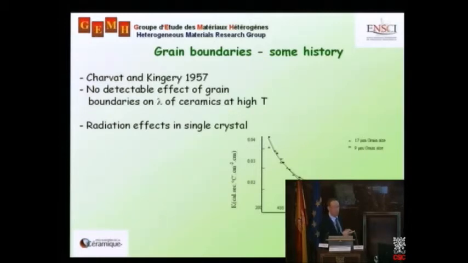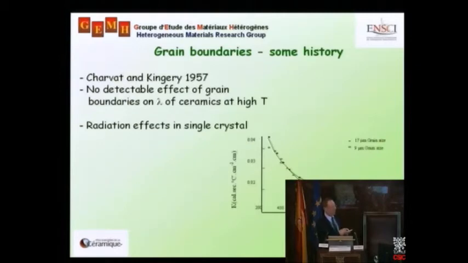So this is because the mean free path is much shorter than the grain size. So the phonon-phonon interactions are controlling the thermal conductivity, and we see very little difference. Well, the question we could ask is, is this simply because we can't see the effect of the grain boundaries, or do they have no effect whatsoever?